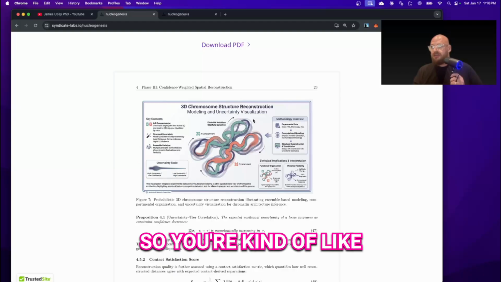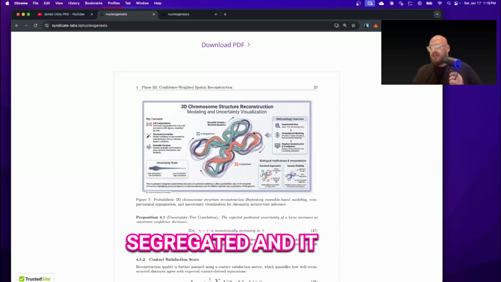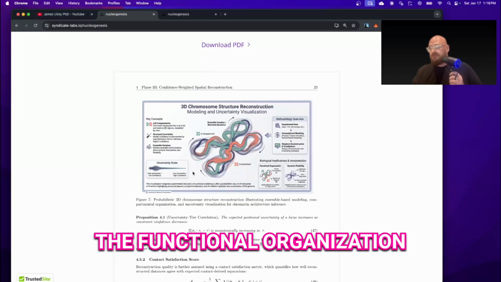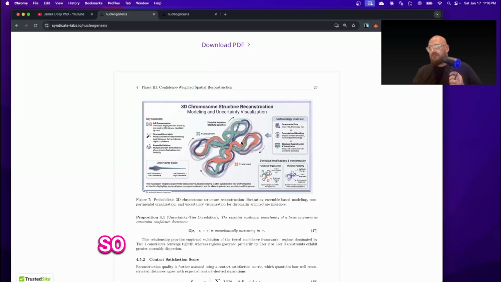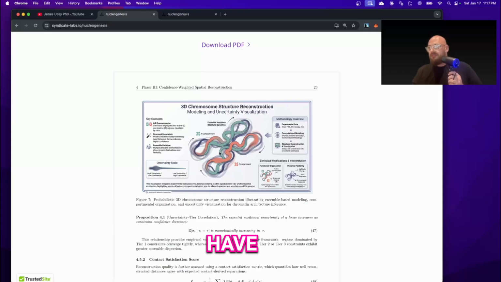You have this computational model that is giving you your A, B compartments, and it's segregated, and it gives you all the ideas of the structure, right? The functional organization, which is here, right? So you have two compartments, you have the repelling you need, and you need to have a structure, right?